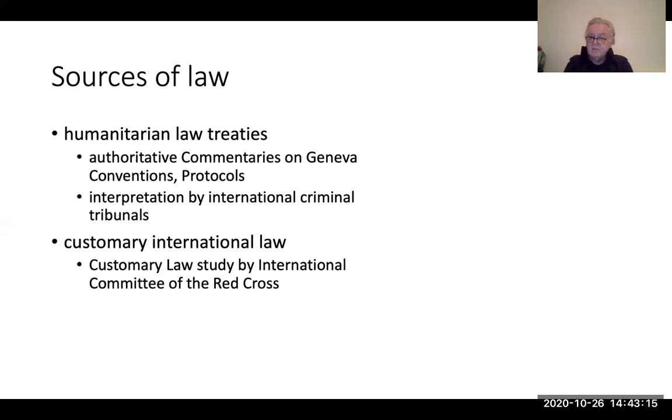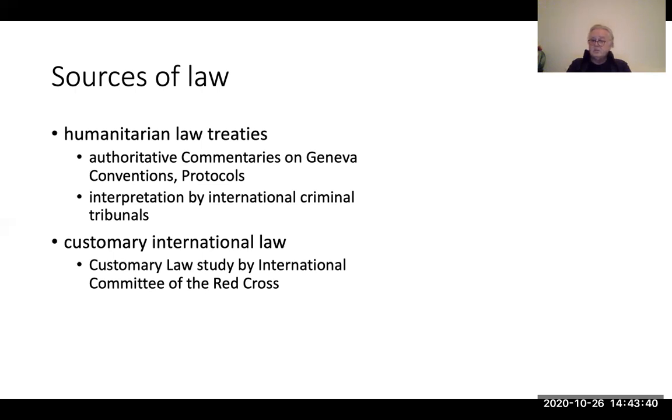Everyone has ratified them. And so the argument was, even if the state hasn't, or even if the treaty technically doesn't apply, that it would be setting out rules of customary international law. But in 1977, when the two protocols were adopted, one dealing with international armed conflict, one dealing with non-international armed conflict, states were slow to ratify the treaty dealing with non-international armed conflict.